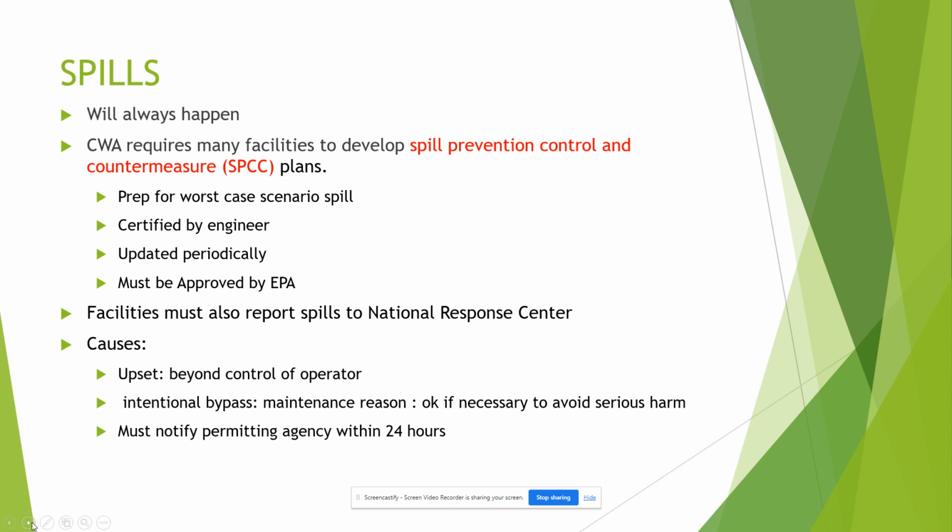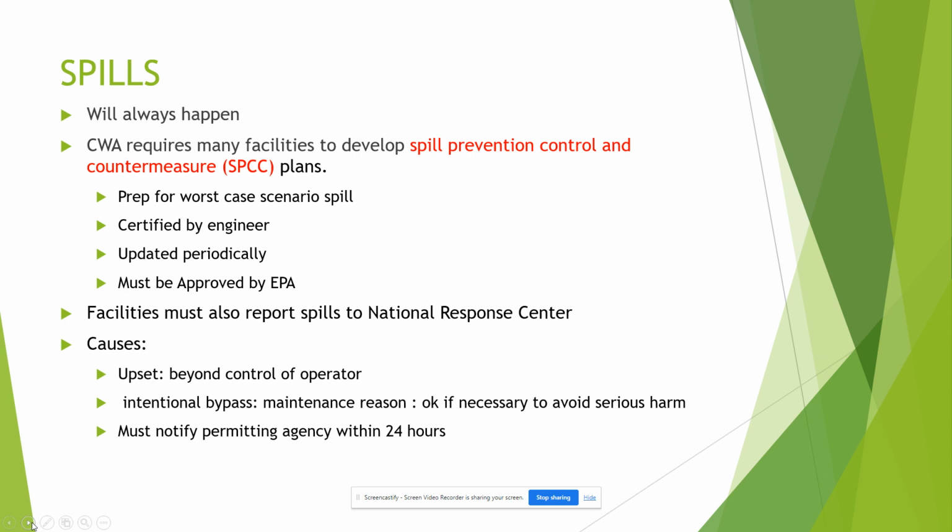Okay, so these plans, these SPCC plans, have to be updated based on the permits, the situation, what they're discharging. They have to be certified by an engineer, and they have to be submitted and approved by the EPA. And if they're not, then they risk their permits being revoked.